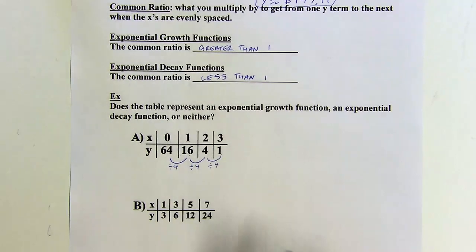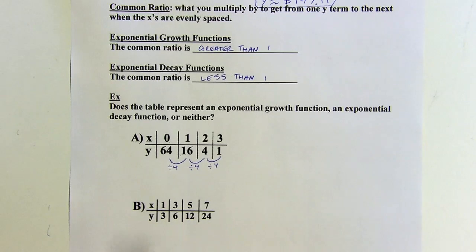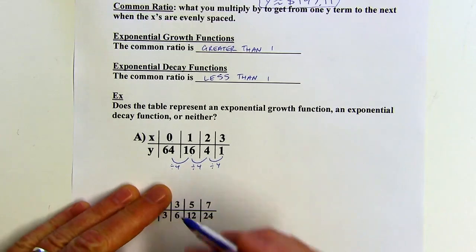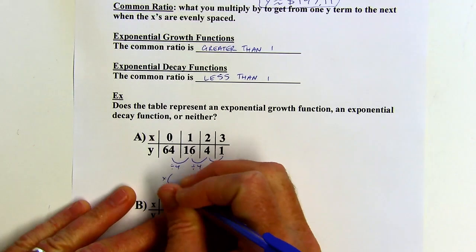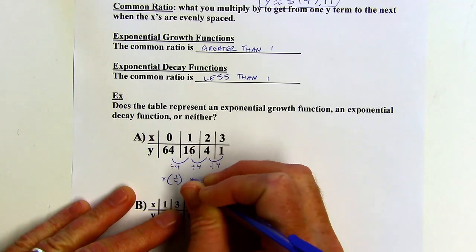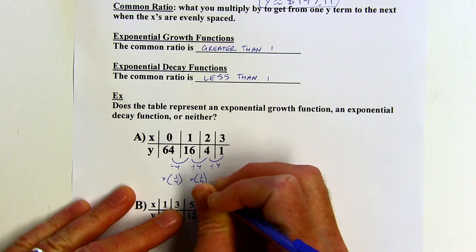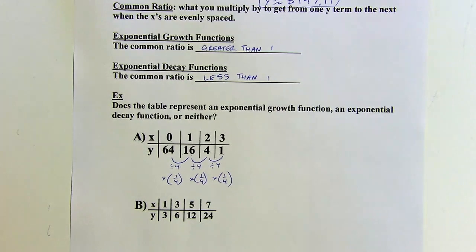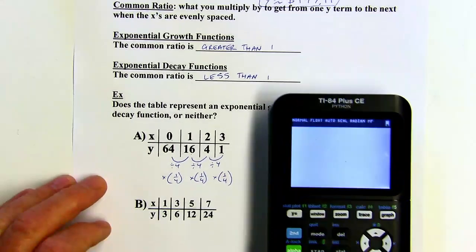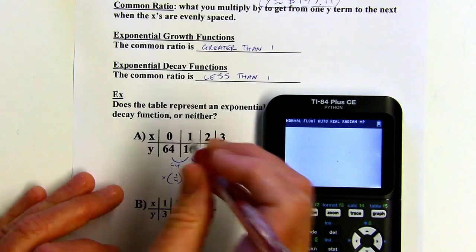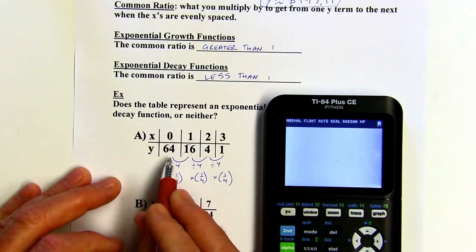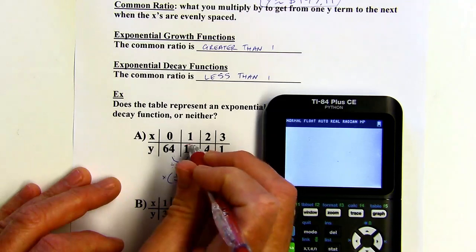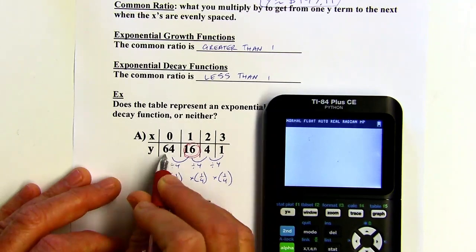So you're dividing by 4, but that's not really the common ratio. So you want to think about what are you multiplying by? Well, dividing by 4 is actually the same as multiplying by 1/4. So we're multiplying by 1/4 on these, okay? So another way you can find the common ratio is just to take any of these y values except the first one, and then divide by the previous one.